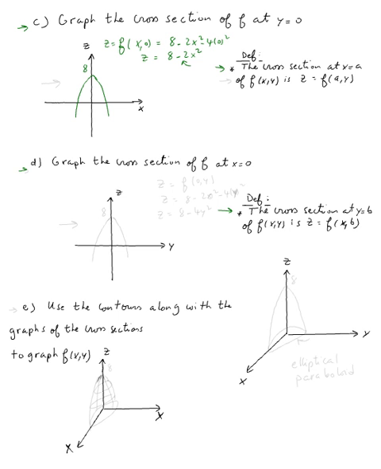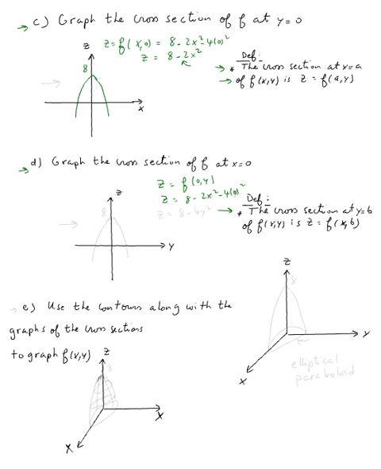Right, question D, need to find the cross section at x equals 0, and that's z equal, the definition is right here, f of 0, y. So whatever I see a x I plug 0, that would be 8 minus 2x squared minus 4 times y squared.